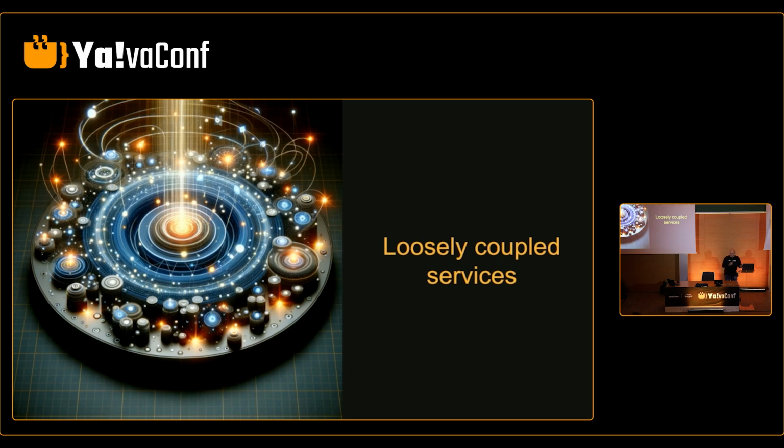This is another thing we've been talking about for a long time with microservices. They should be loosely coupled, meaning that each service doesn't know about any other services. Each service doesn't depend on other services to do its work.